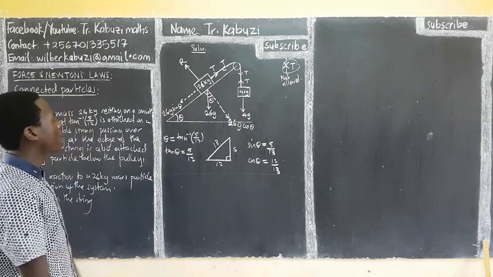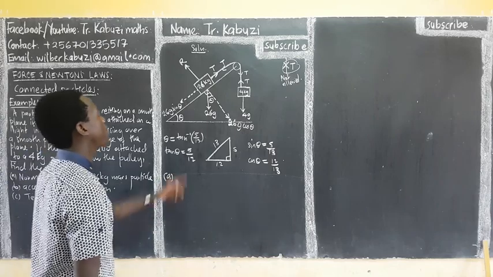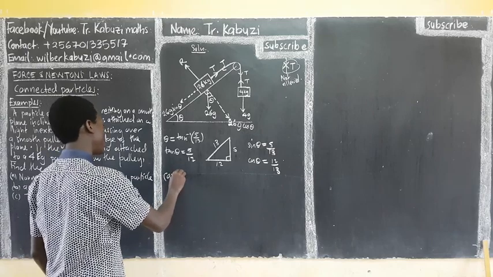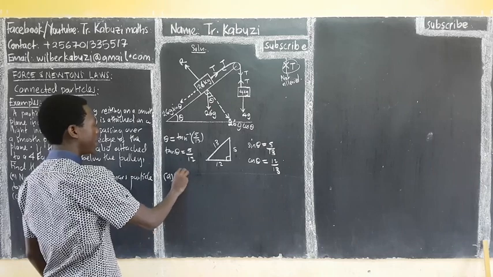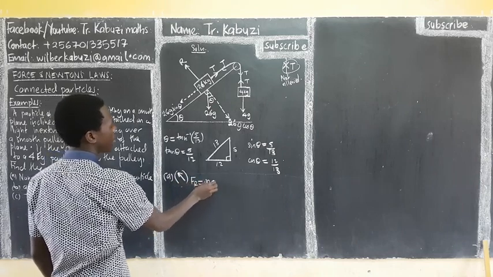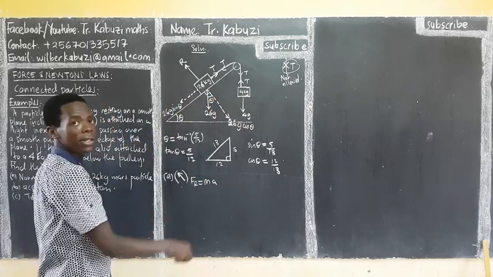Okay, let us get part A, the reaction. If you resolve along the plane, like this shows that we are resolving, then perpendicular to the plane. So remember, our resultant is always equal to m times a. Now, perpendicular to the plane, there is no acceleration. Acceleration is 0.